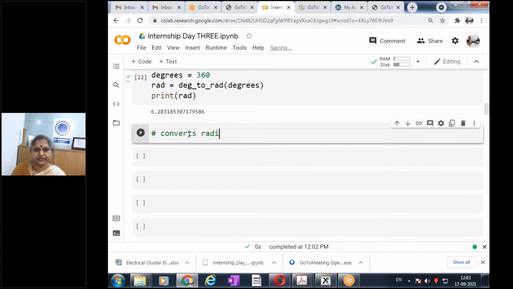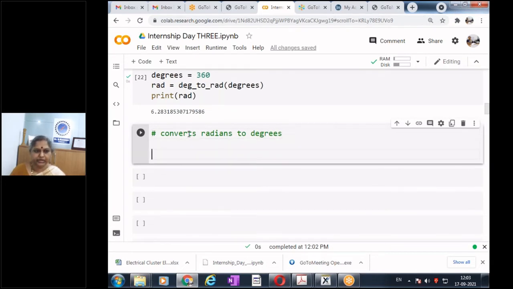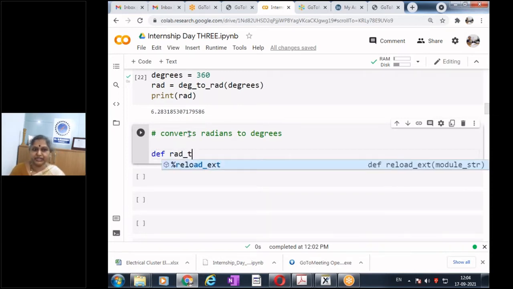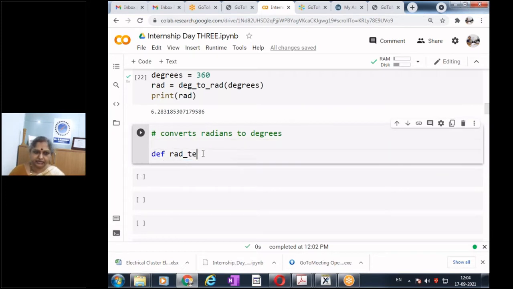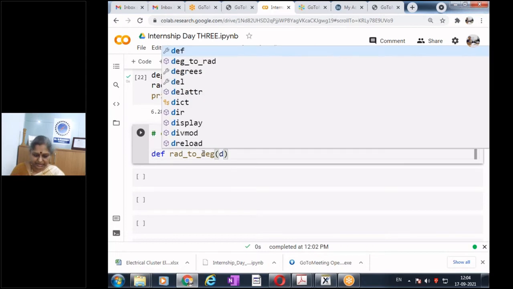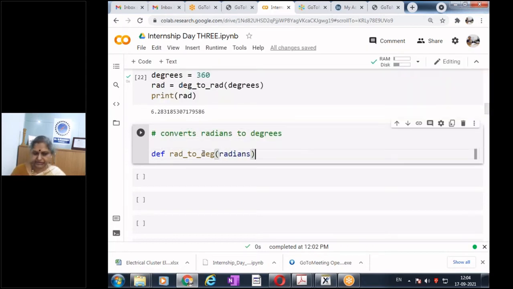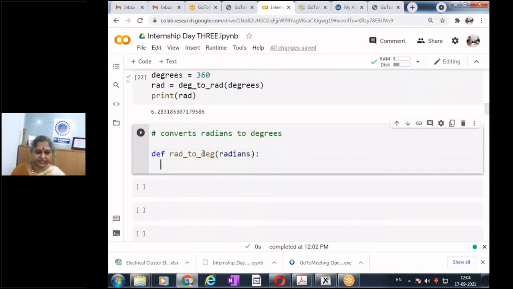Converts radians to degrees. Please write this program. Of course, Python already has the inbuilt function. We have seen that. Radian to degrees, and what will it accept? It will accept radians, and it will give out degrees.